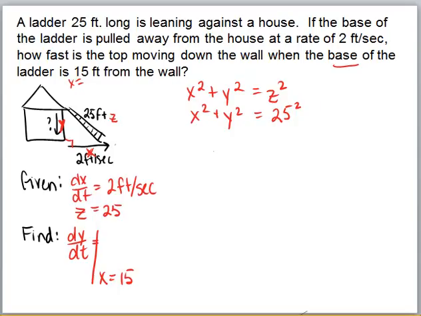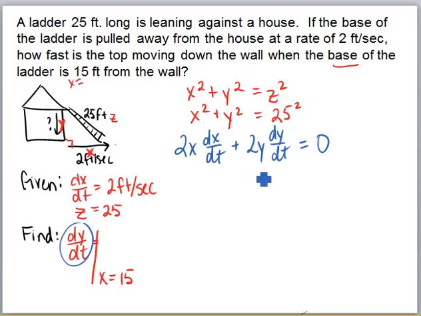Fourth step, differentiate. Take the derivative of this. So the derivative with respect to time is 2x dx over dt plus 2y dy over dt equals the derivative of any constant, which is 0. We're finding dy over dt, so I'm going to get dy over dt by itself. I could plug in known values at this time too.